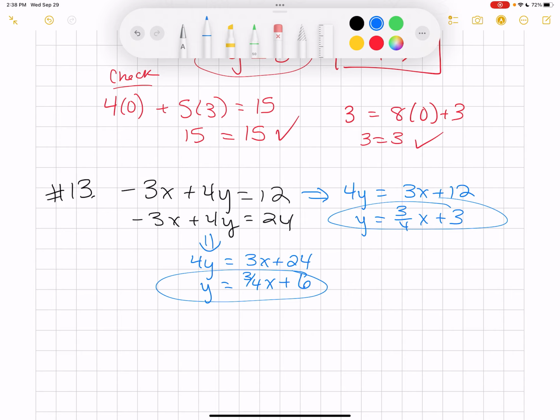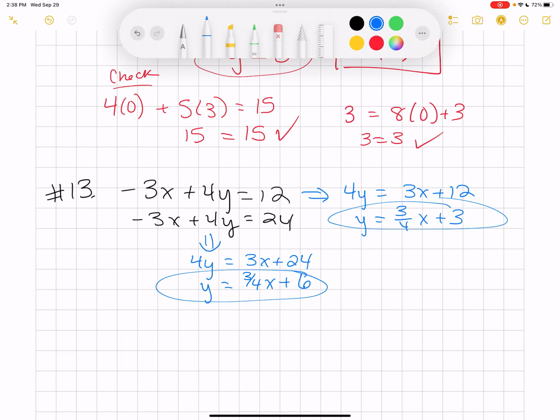But what do you notice right now? There's a fraction. What does that fraction represent though? That fraction represents the slope. We talked about yesterday, if they have the same slope and a different y-intercept, what is true about them?